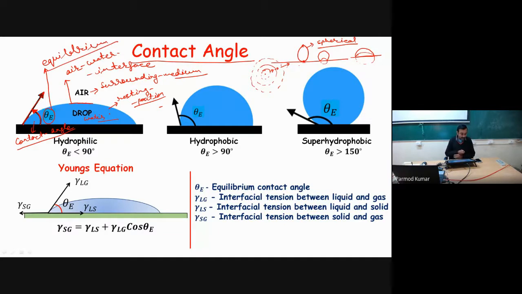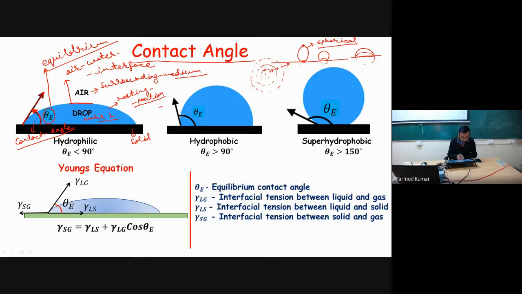Now this contact angle depends upon the characteristics of the solid surface, whatever liquid we have, and its surrounding. Depending upon the properties of these three, the resting position of the liquid may be different on different types of solid surfaces.